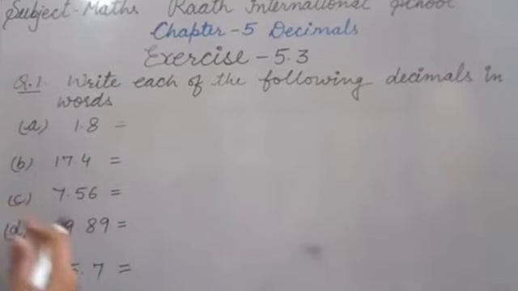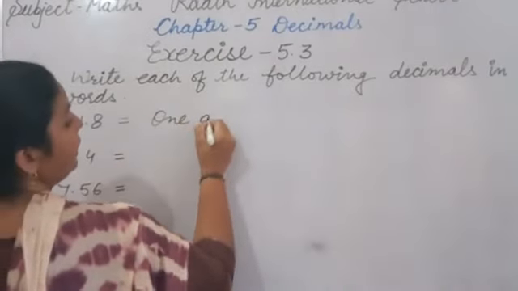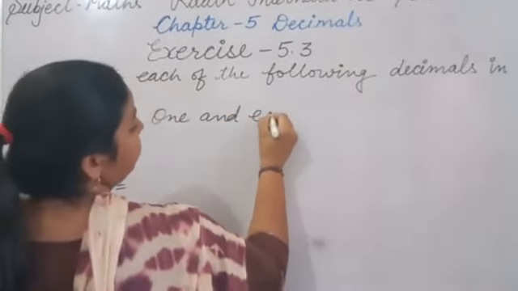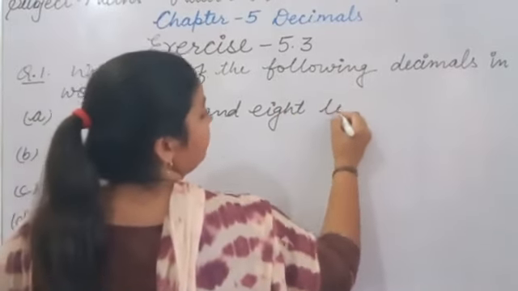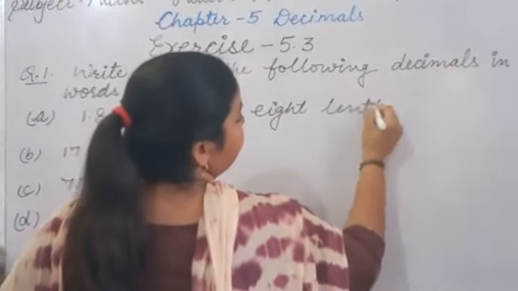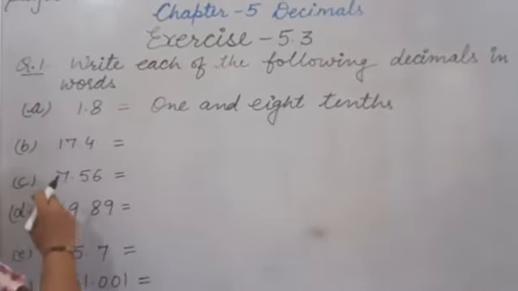So we'll say 8 tenths. Write here 1 and 8 tenths.